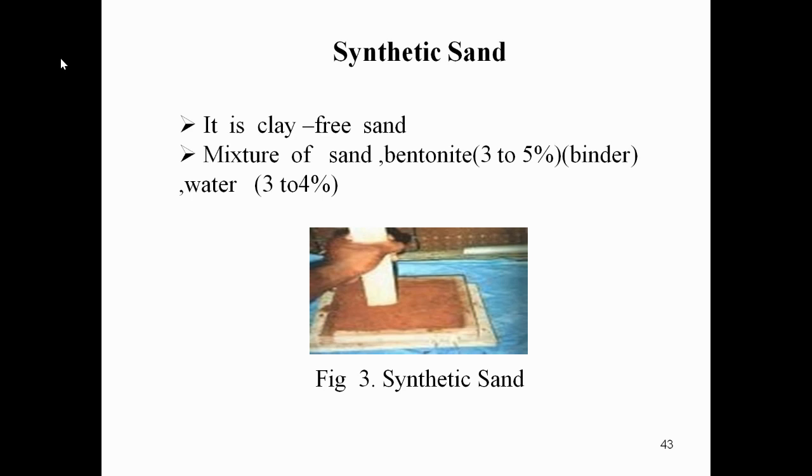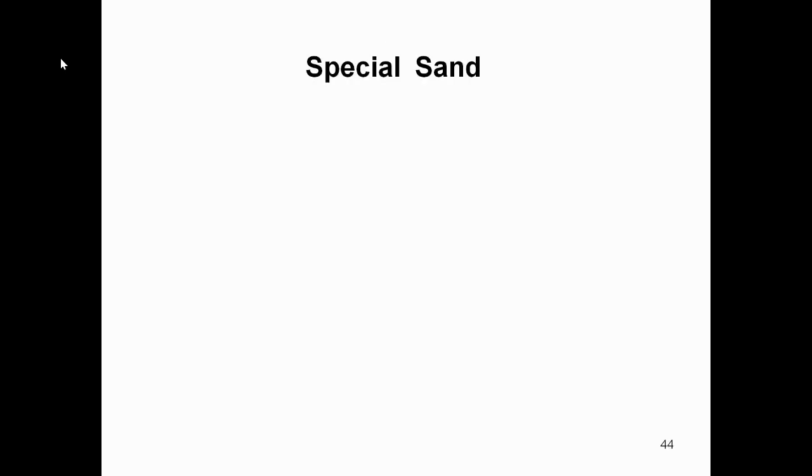It is a mixture of sand, bentonite binder 3 to 5%, and water 3 to 4%. That is the mixture of sand, bentonite and water, and it is used for ferrous castings.